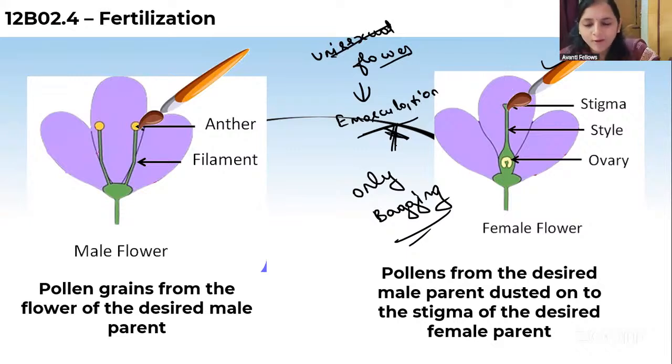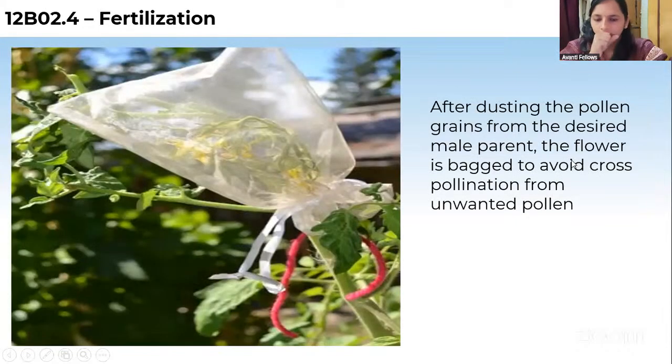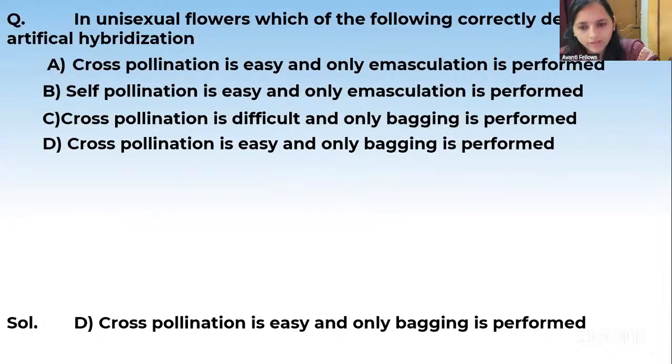There is no self-pollination happening. So that's why there is no emasculation required. Okay, the correct answer is option D, guys. Cross-pollination is easy because only bagging is performed in the unisexual flowers.